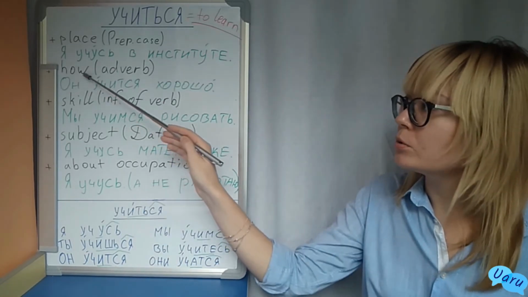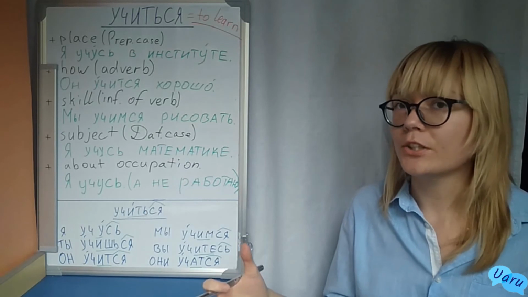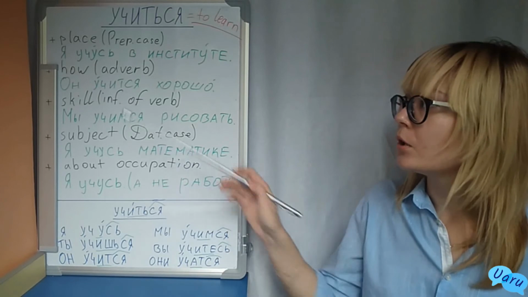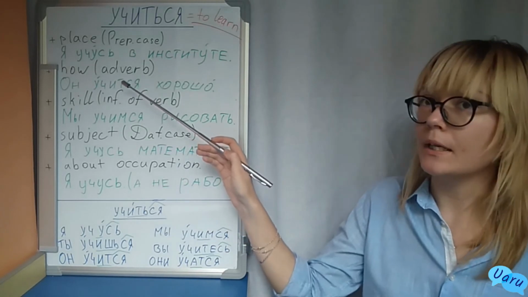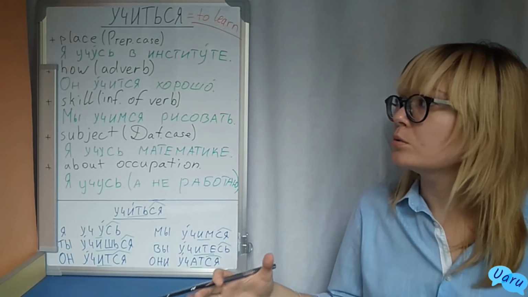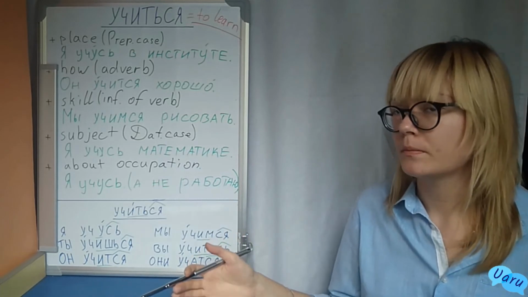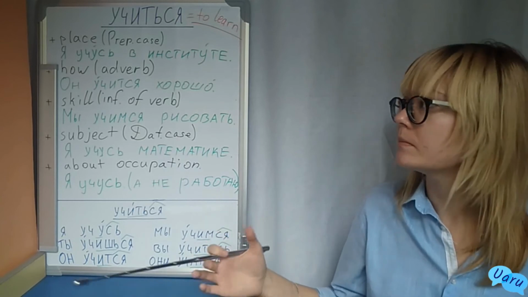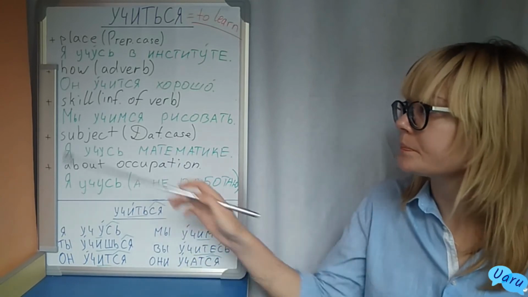Also, if you want to describe the quality of your education and say how you learn or how you study something, you use some adverb to describe it and say, for example, он учится хорошо. Она учится много. She studies a lot.